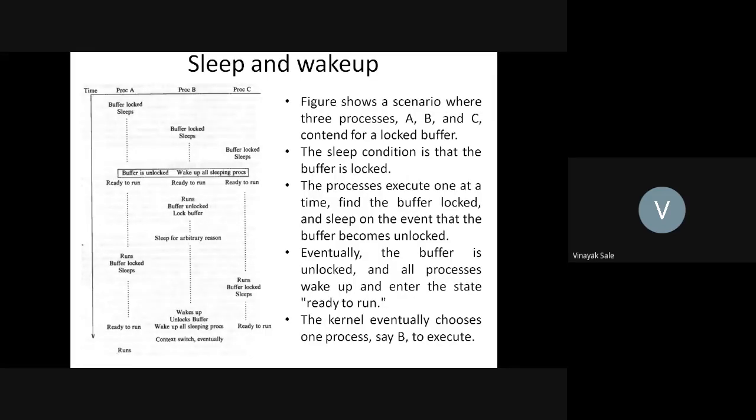This figure shows different scenarios where three processes A, B, C contend for a locked buffer. The sleep condition is that the buffer is locked. The processes execute one at a time, find the buffer locked, and sleep on the event that the buffer becomes unlocked.